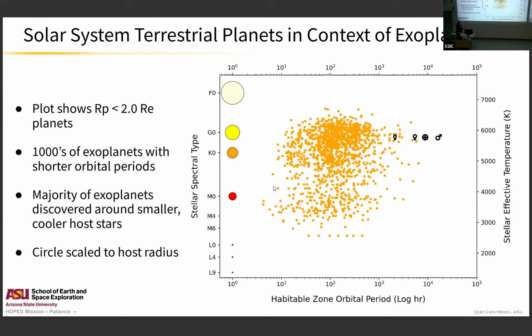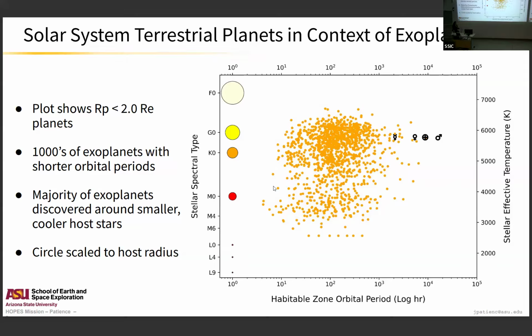rocky planet. And so you're seeing that our own terrestrial planets out here around the sun are, as we've seen in other plots, a bit out on their lonesome, and the exoplanet population has not yet extended to fully encompass true analogs of our own system.